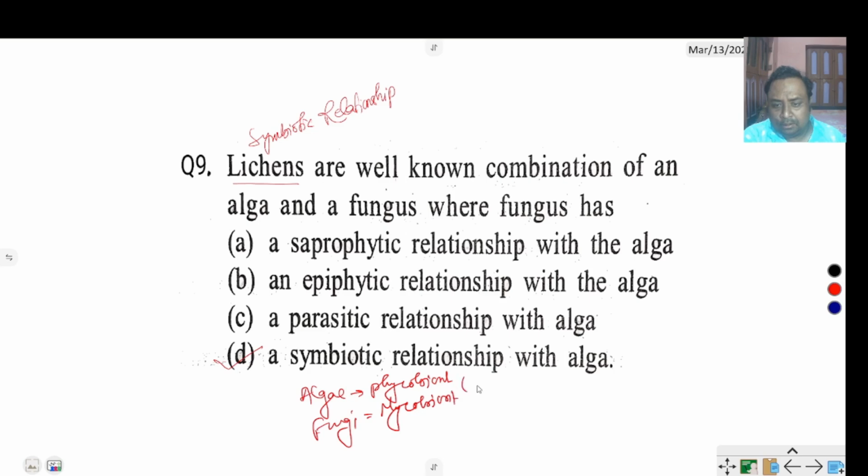Algae is a producer, and fungi absorb minerals for algae. Next question.